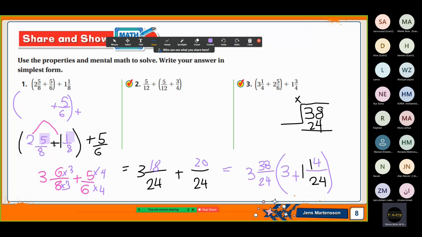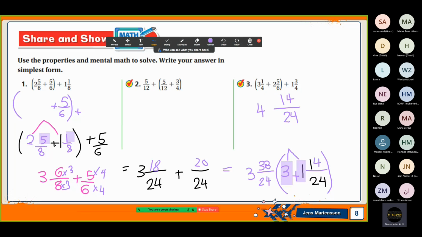Up to here now, is it clear? Yeah. Now what do we have to do next? Now look at the numbers here. Add the whole numbers, 3 and 1, add them together. So 3 plus 1 equals what? Equals 4. And 14 over 24.